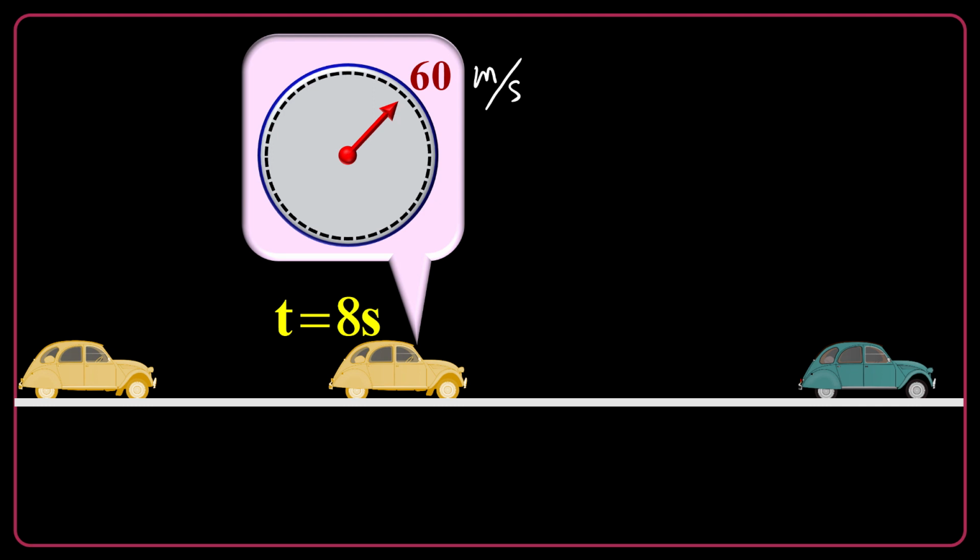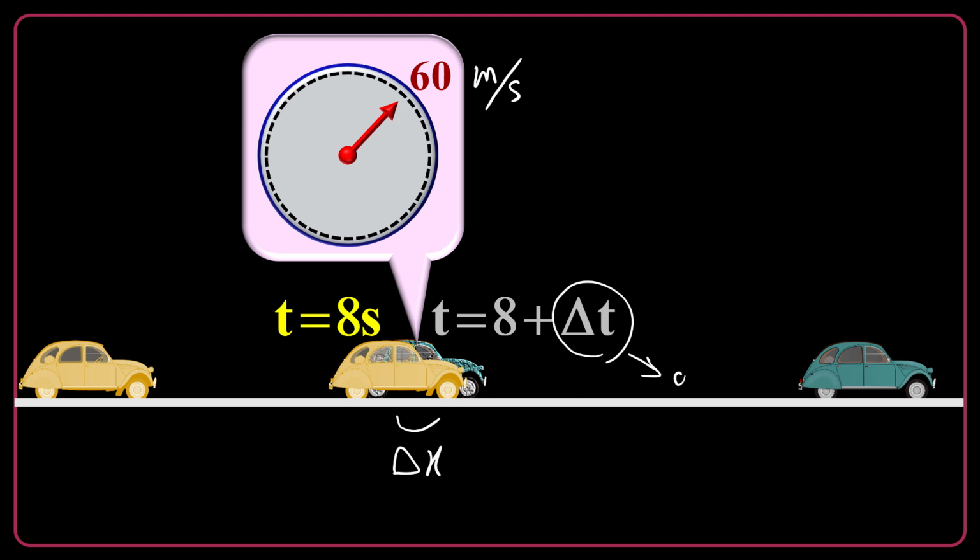What does it mean? How the speedometer works? How the speedometer knows that the speed at that moment is 60 meters per second? We know that the speedometer works like this. Basically, it takes a very short time interval like t equals 8 and t equals 8 plus delta t, in which delta t is very short. So the corresponding delta x during that short time interval is going to be too small.